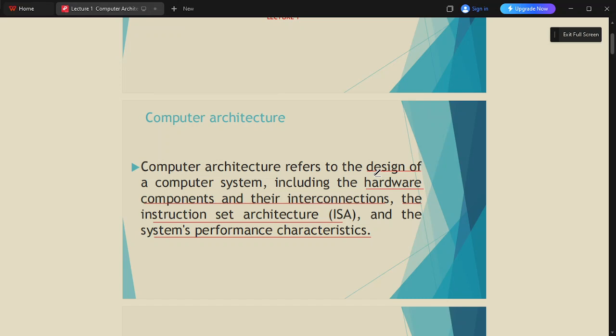And then this language we're talking about here, which computers understand, is the hardware language, which is the machine code and the binary instructions, which are the ones and the zeros, so on and so forth. Looking at the last point here, which says system's performance characteristics, what are they trying to tell us?